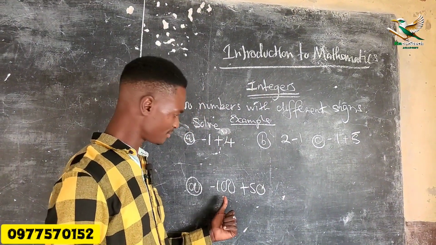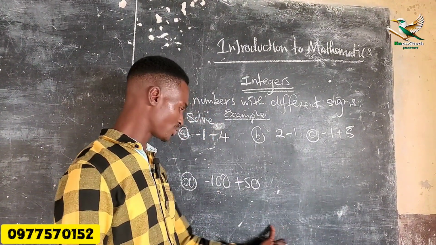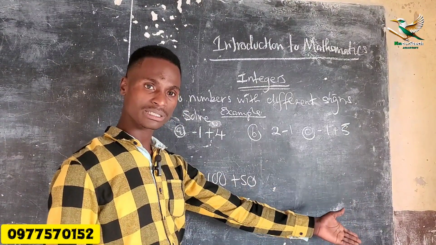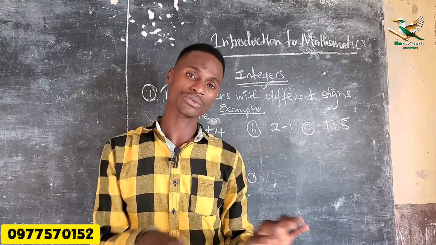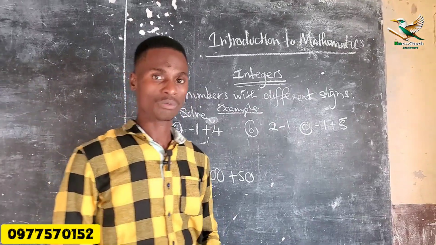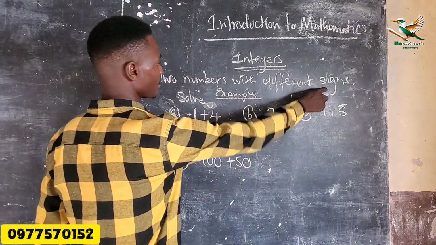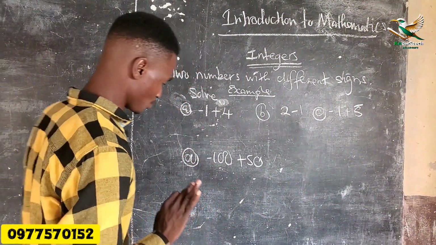Look at this number. This is a big number. Drawing a number line from 0 to 100, -100, then positive numbers, no, there has to be a formula, a way of solving these. What is that formula? Two numbers with different signs, what do you do?